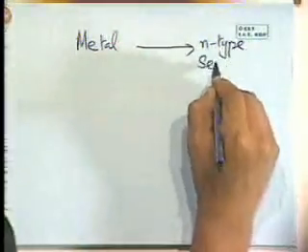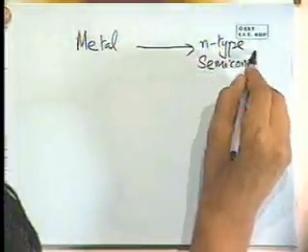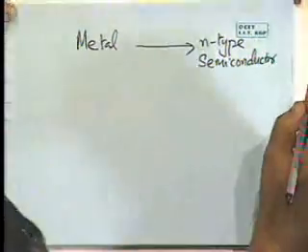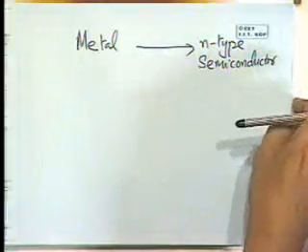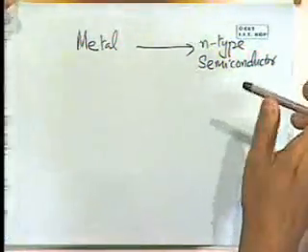Sir, direction of current also distinguishes this Schottky contact and ohmic contact. In ohmic contact, I may be right or not, in both directions current can flow, and in Schottky contact. That's exactly what I said. Rectifying, the word means it allows the flow in one direction but not in the other.